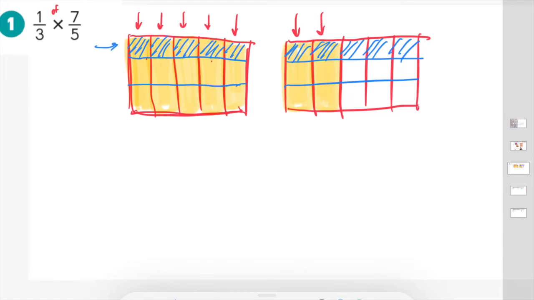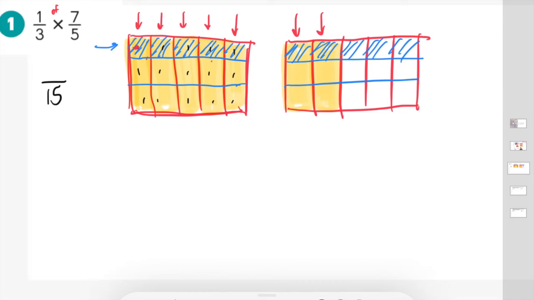So when we divided our fifths into 3 equal parts, we are now looking at 15ths, those smaller pieces. So here's 1/15, 2/15, 3/15, 4/15, 5/15, 6, 7, 8, 9, 10, 11, 12, 13, 14, 15 15ths, which now makes up the whole. And so we shaded in how many 15ths when we took 1/3 of 7/5.